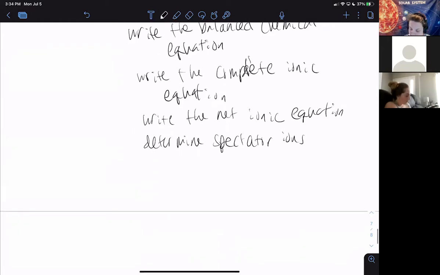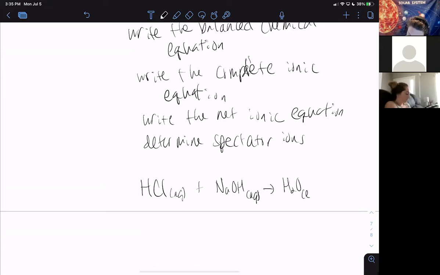And I can show this with something like this. So hydrochloric acid will react with sodium hydroxide to produce water, which is a liquid, so something other than aqueous, and sodium chloride, which is aqueous.